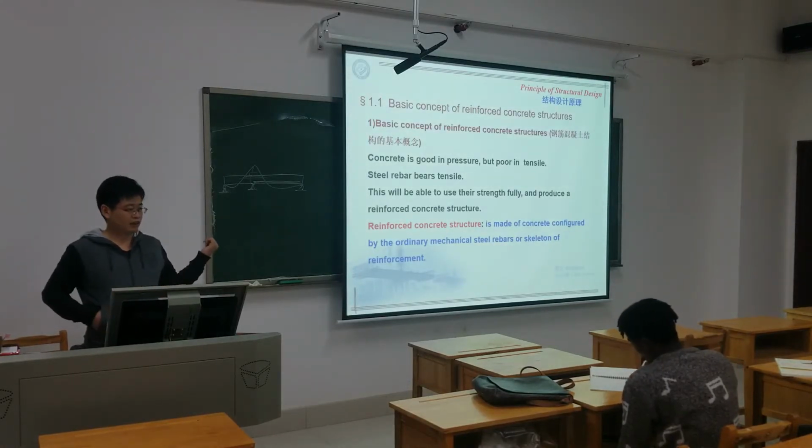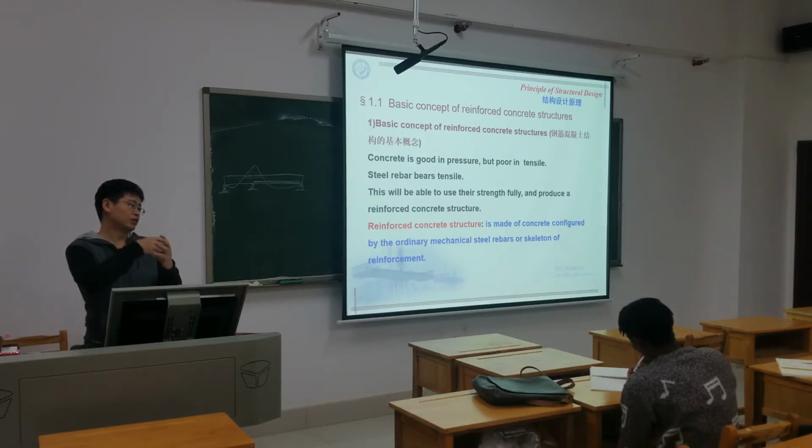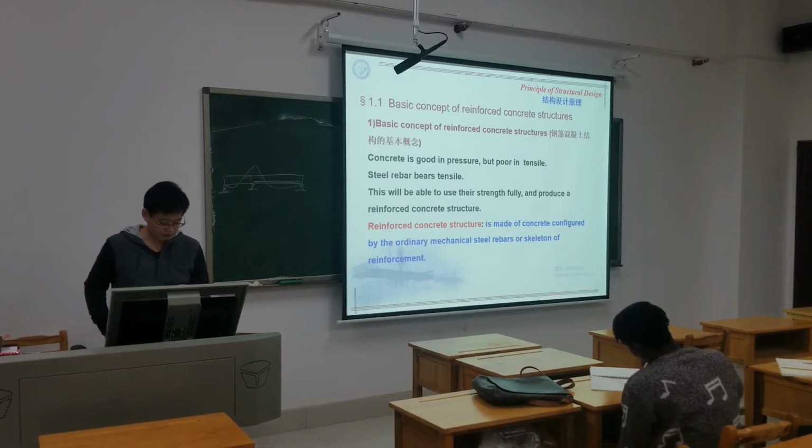But steel and concrete have similar temperature coefficients. So when the temperature changes, the deformation induced by temperature is similar. That makes for a good bonding effect. They can work together. This is another very important thing.